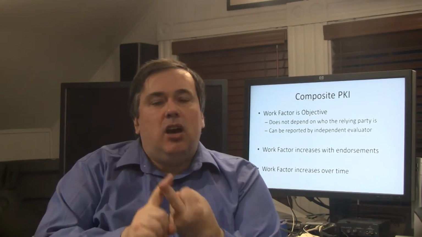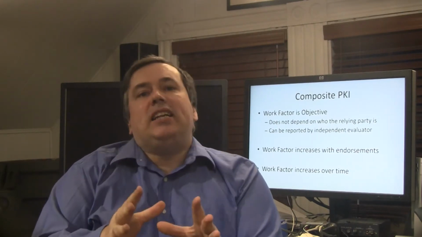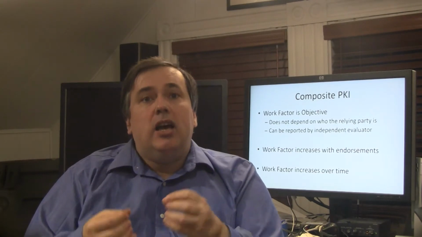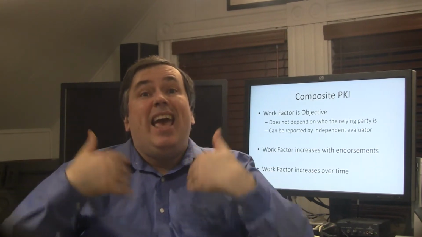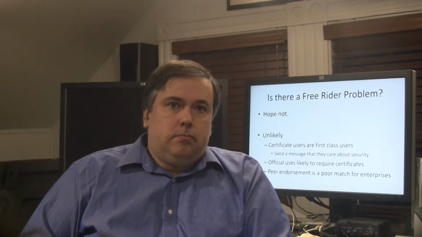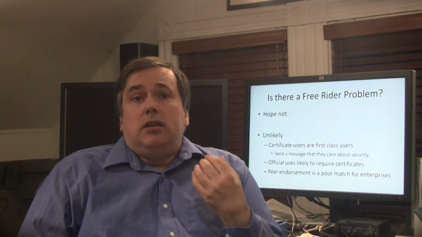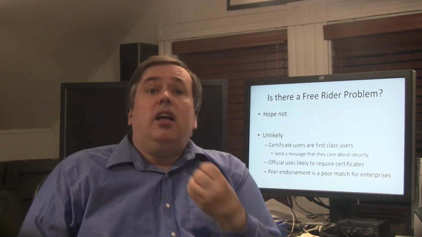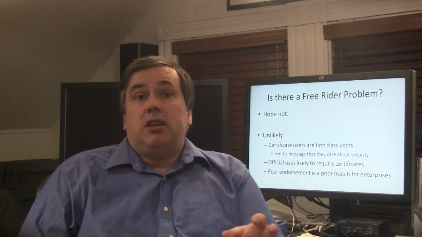And it increases over time. And that is what makes the composite PKI stronger than the individual PKIs of which it's composed. So the composite PKI is stronger than the 2 PKIs from which it's composed.